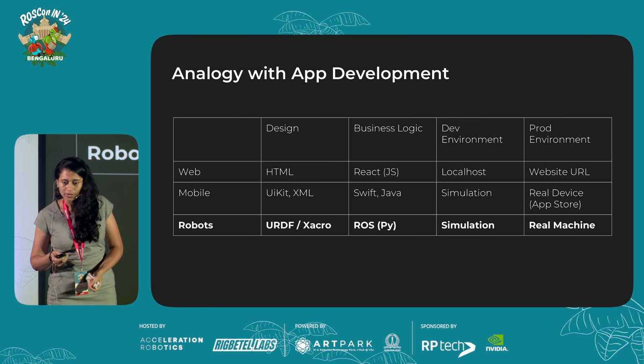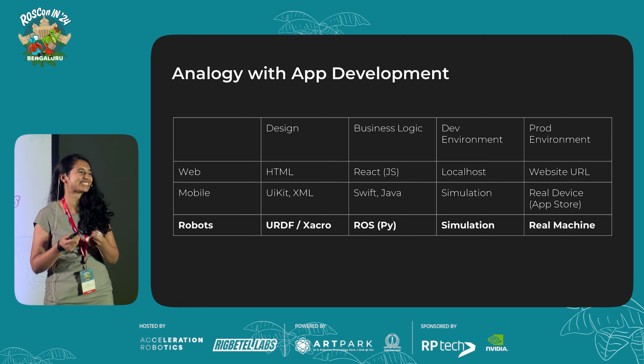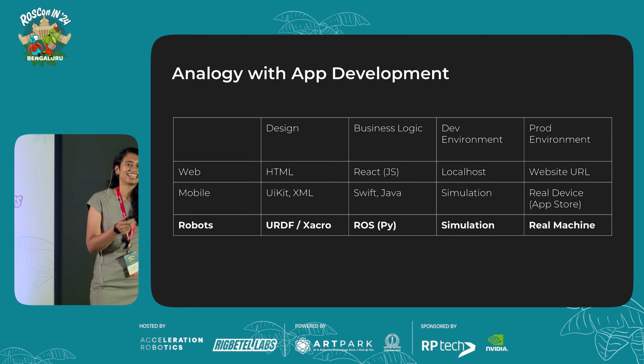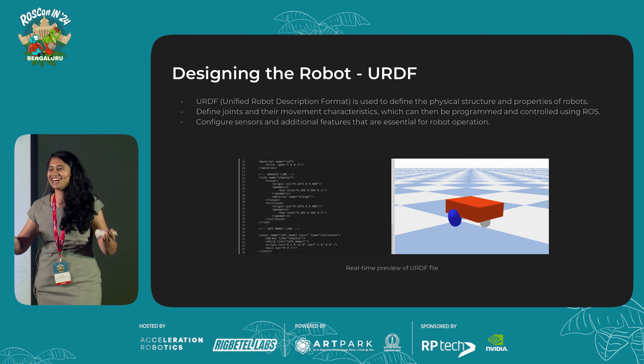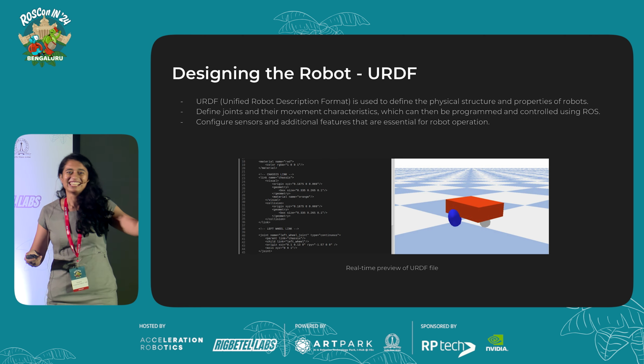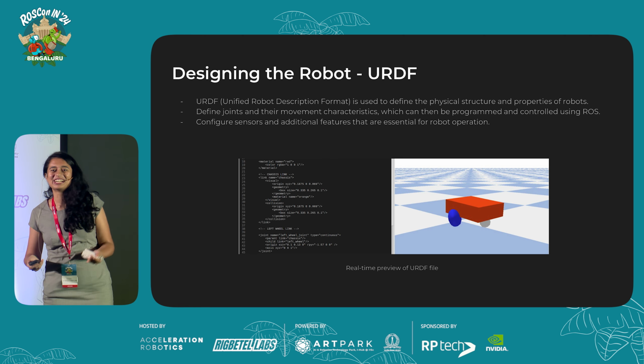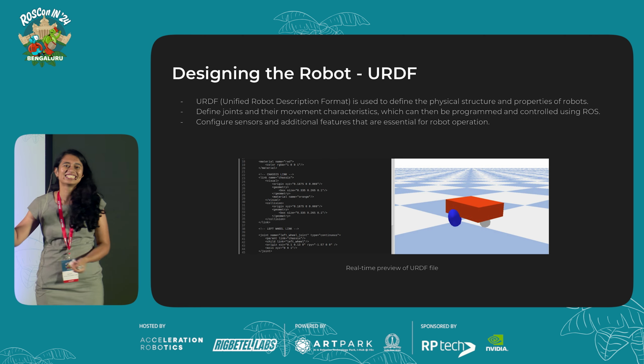So coming to the design of the robot, URDF. How many of you have faced challenges while updating a URDF and seeing it reflect in RViz? You had to, yeah, exactly. You had to close a terminal, do a colcon build, and see it reflect.